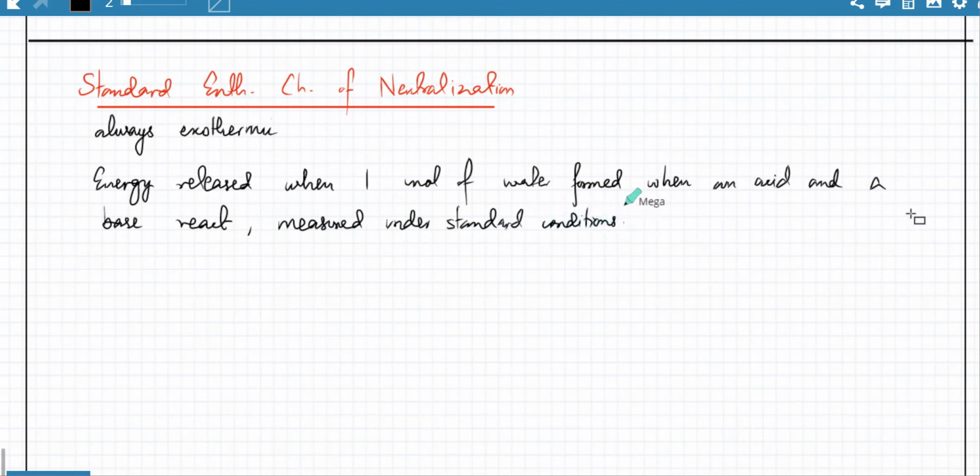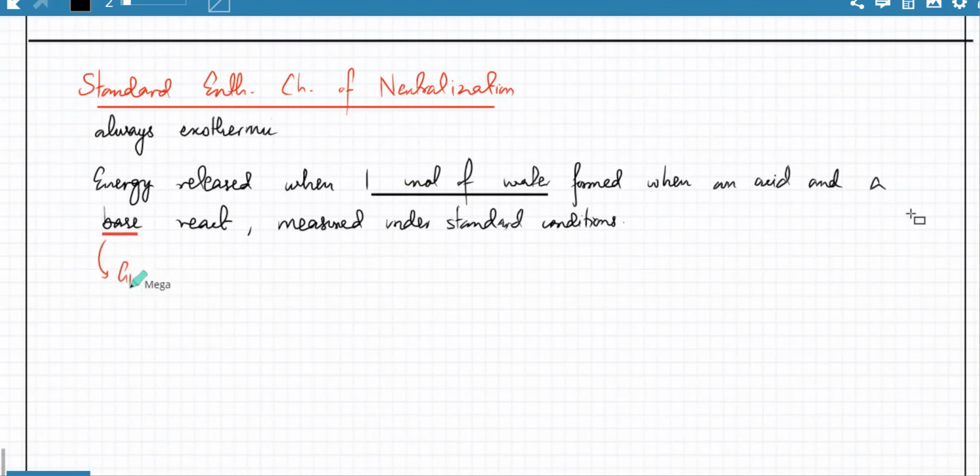So it's an acid-base reaction, and when you have an acid-base reaction, 1 mole of water is produced. Over here specifically, the term base that he's using, that's your alkalis.